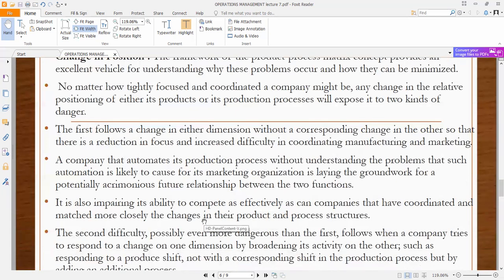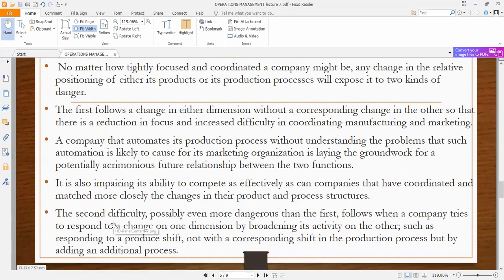It is also impairing its ability to compete as effectively as it can among companies that have coordinated and matched more closely the changes in their product and process structures.